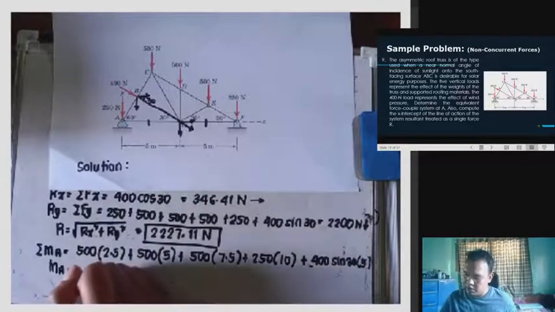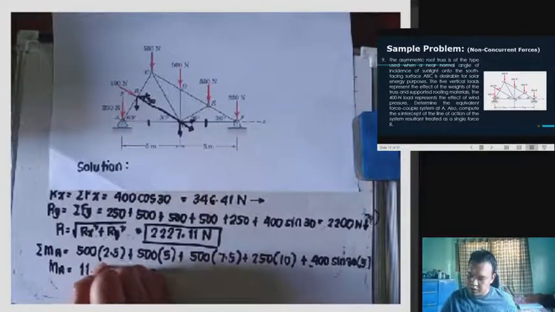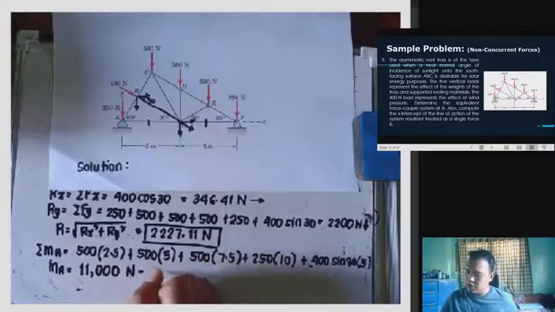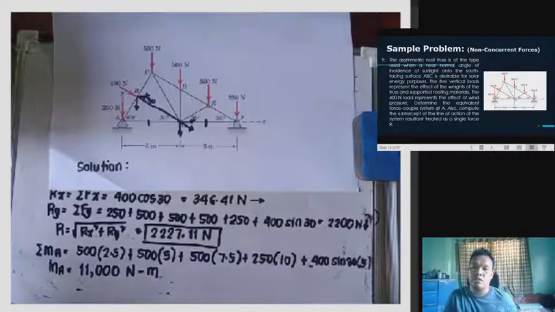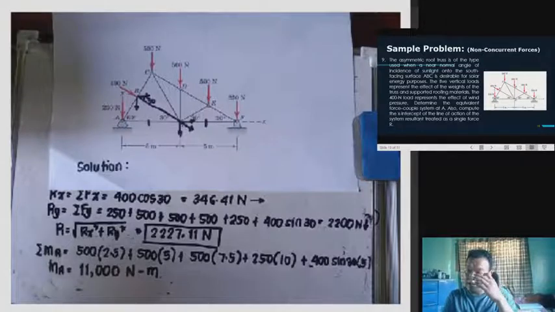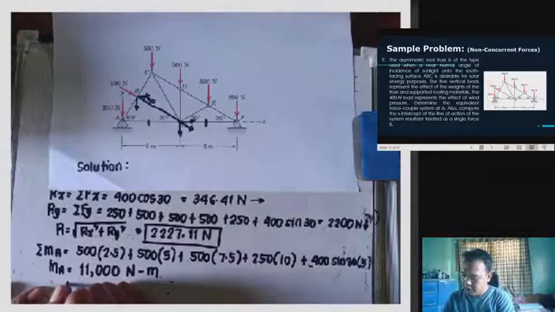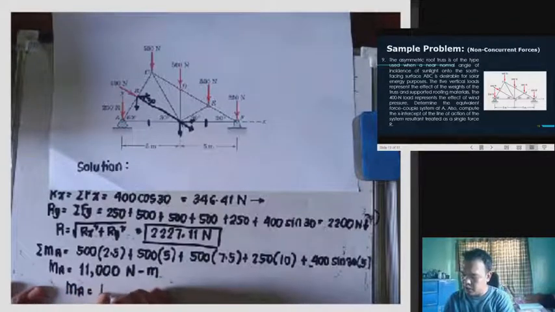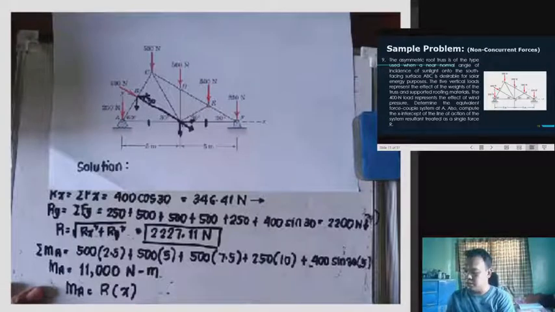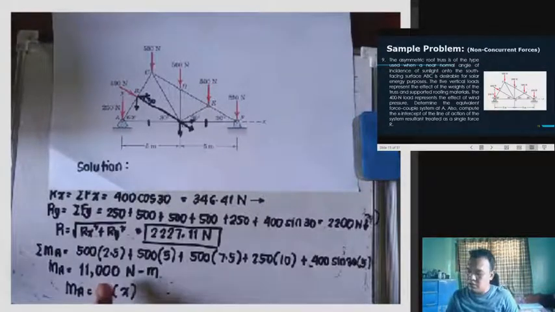So we have here 11,000 Newton meter. And to get the value of the point where the resultant force acts, or yung x-intercept niya, moment at A is equivalent kay resultant times perpendicular distance which is x. So lalabas yung 11,000 divided by lang nito para makuha natin yung value ni x.